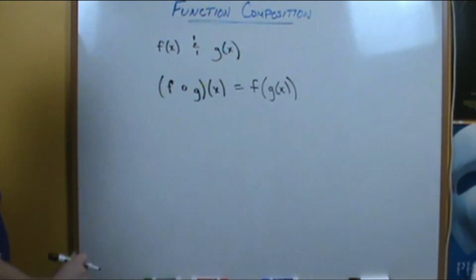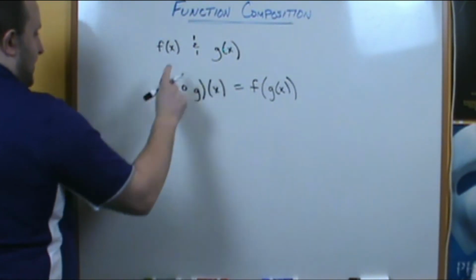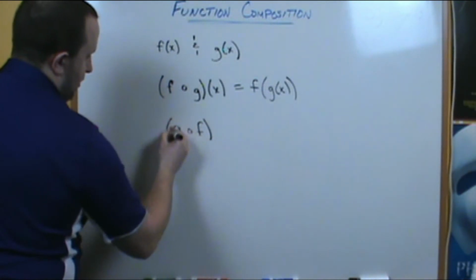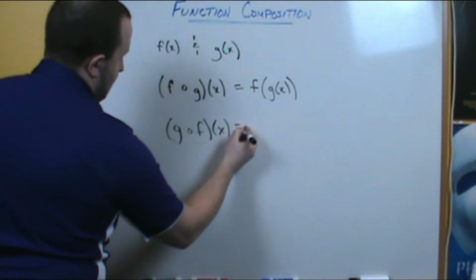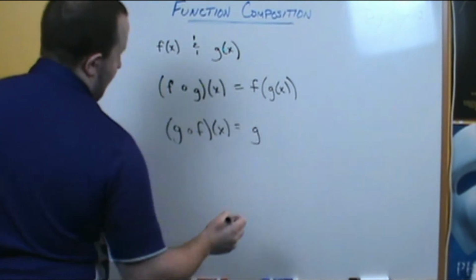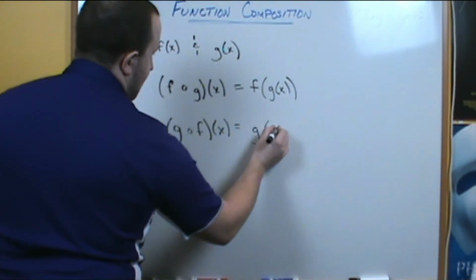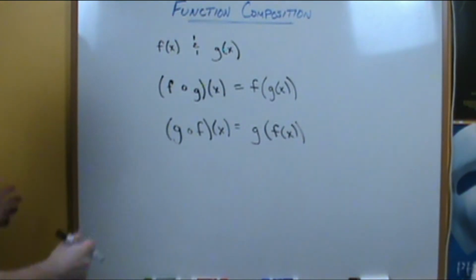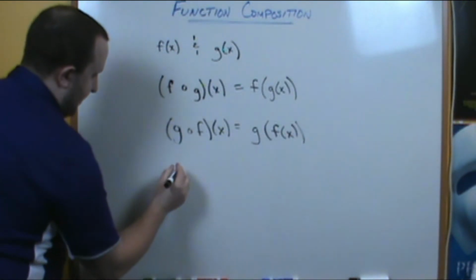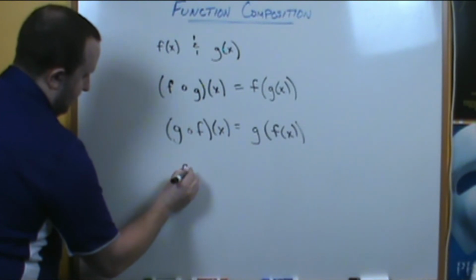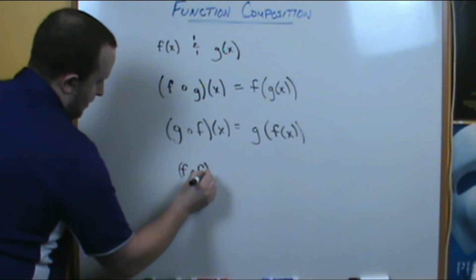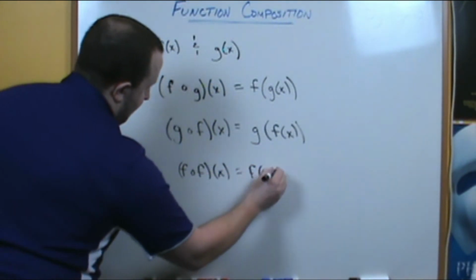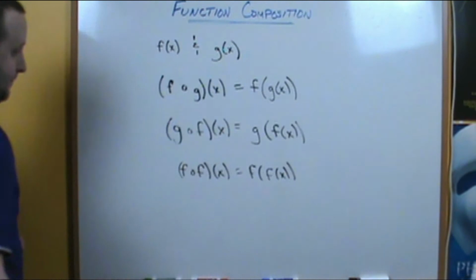Then if we were to compose g of x with f of x, that would look like g composed with f of x equals the function g evaluated at f of x. Then we could have some special ones like the function f evaluated at f of x as well. F composed with f of x is the function f evaluated at itself.